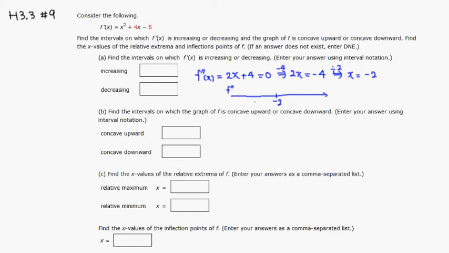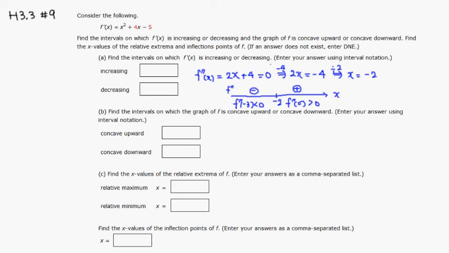If you plug in something less than negative 2, for example negative 3, it's going to be negative 6 plus 4, so that's negative. Then plug in something bigger than negative 2, so I'll plug in 0. 0 plus 4 is definitely positive. So you have a positive sign there.